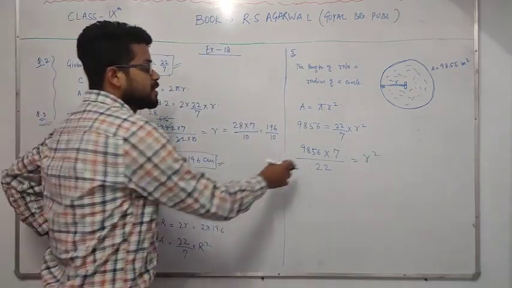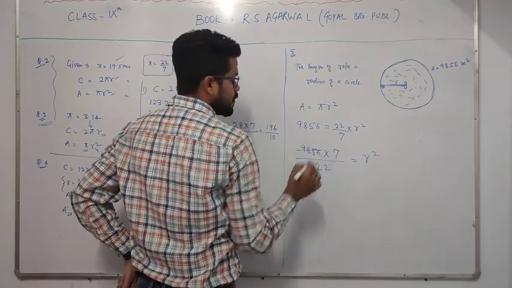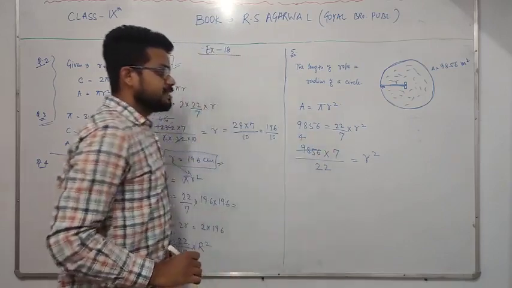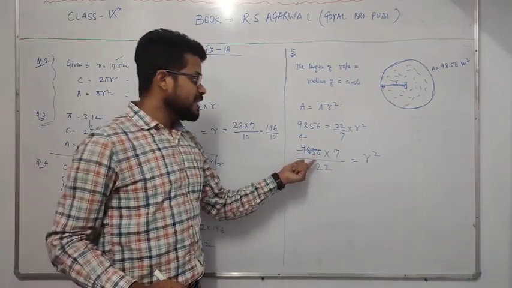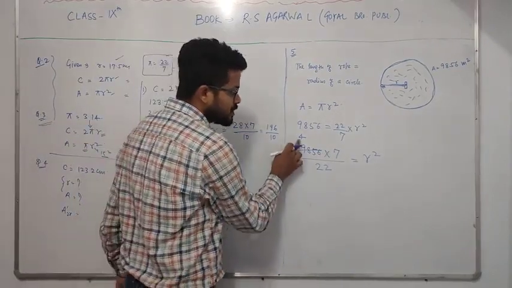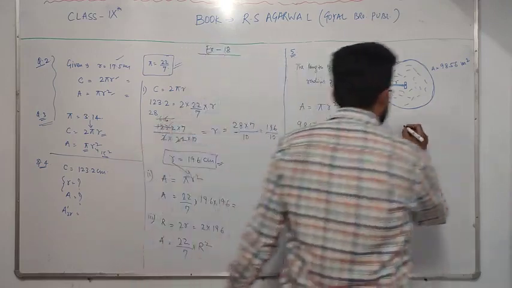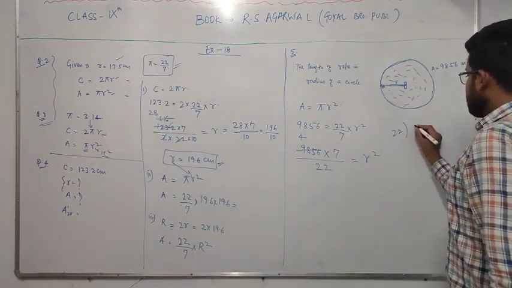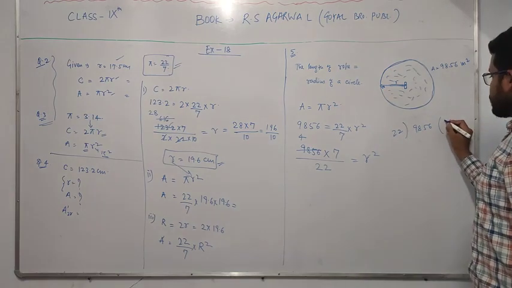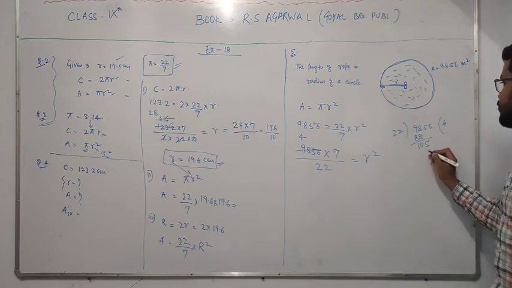So 22 4s are 88. Try to divide this: 22 4s are 88, remainder 10, 105 here. 22 4s are 88, this is 105.